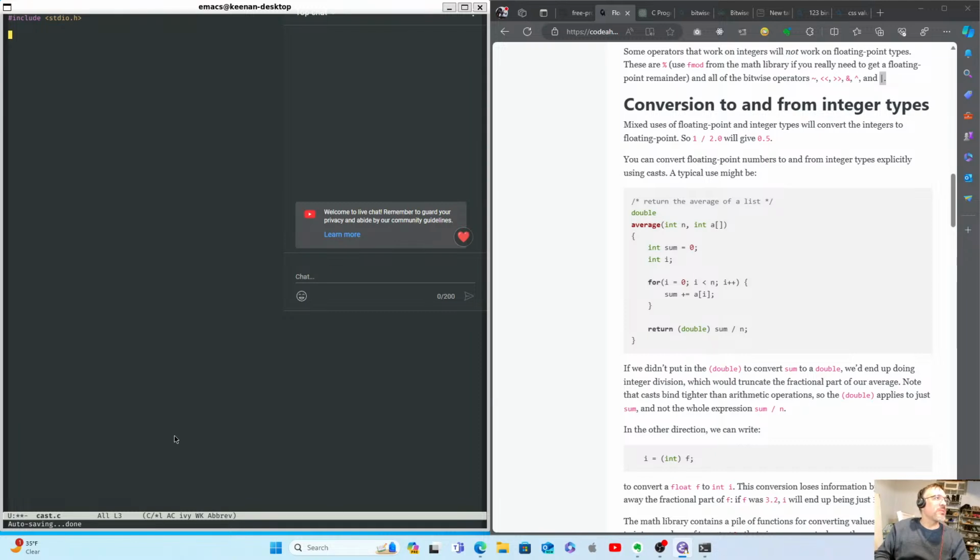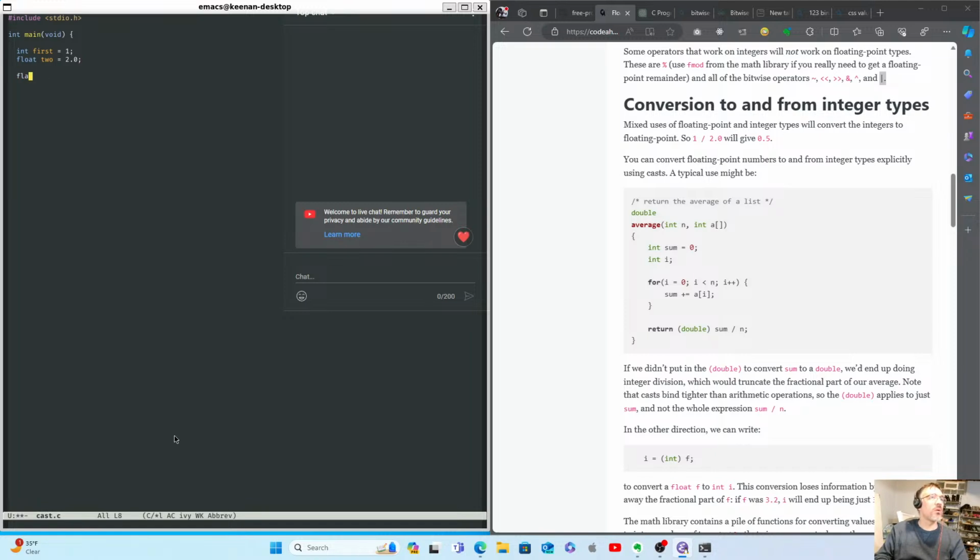Let me do my own. Okay, so we'll do int main void. We'll do, let's say, int first equals 1. And then float second equals 2.0. Okay.